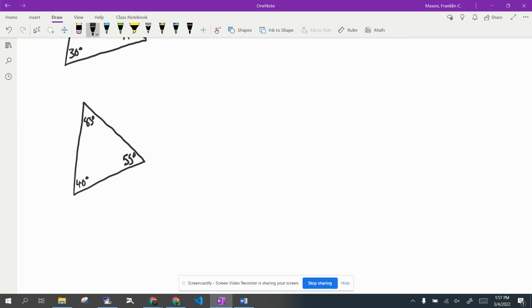Because what do you know about any two triangles with these angle measures? This tiny one over here and this massive one over there. Any two triangles with the same angle measures are similar, from last chapter.